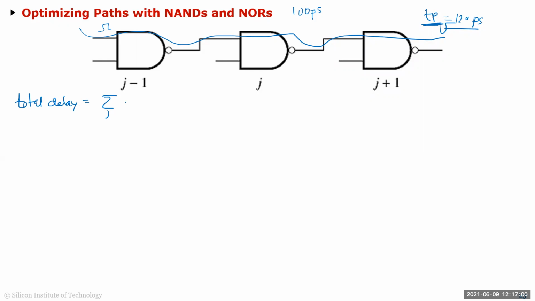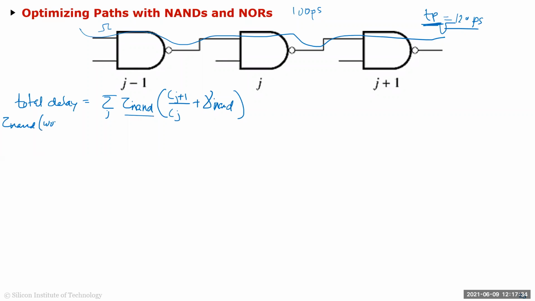I can do the self delay of the NAND gate the same way, with output cap over input cap times the self capacitance of the NAND gate. So this is the total delay, and I can write it in the same fashion. The only difference here is that this tau NAND is actually tau NAND worst.